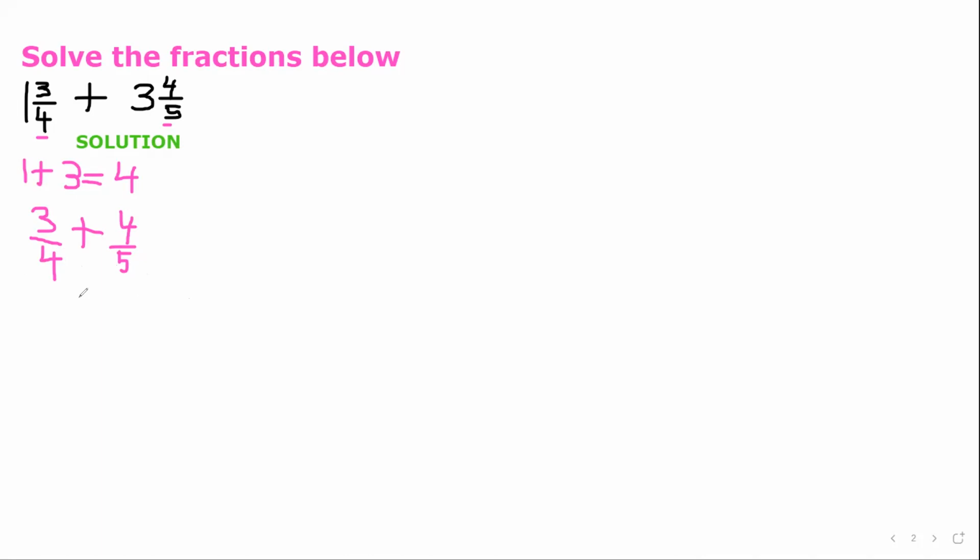When you say common multiple, it is a number that appears in the multiples of 4 and at the same time appears in the multiples of 5. Or you can use the prime factorization method, the one that I'm going to use now.